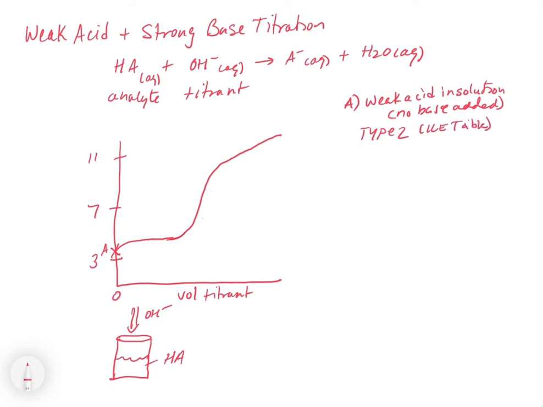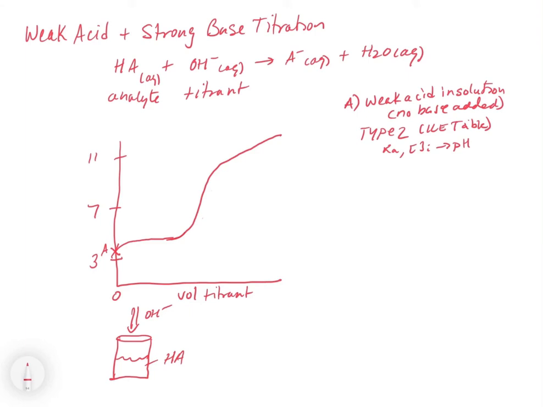So we have the Ka, we have the initial concentration of the acid, and it wants us to get the pH from that. If you had to calculate the pH at the very, very beginning, where you just had the acid with no base added yet, that's what you're going to use. You're going to use the Ka and the concentration to get the pH. And we'll see that in just a minute. So we haven't even started the titration yet.